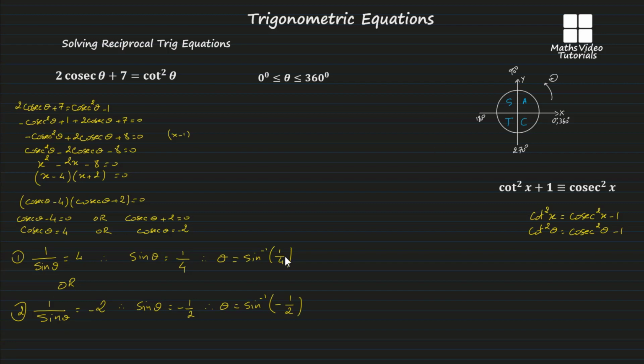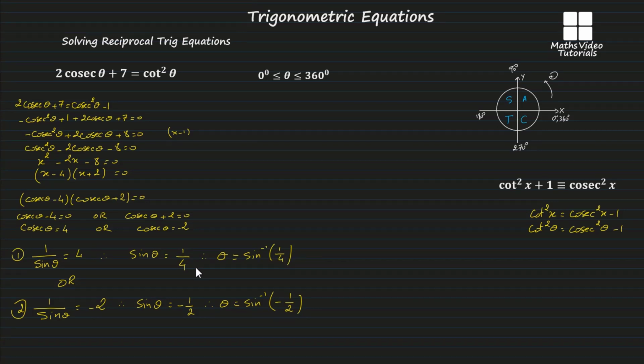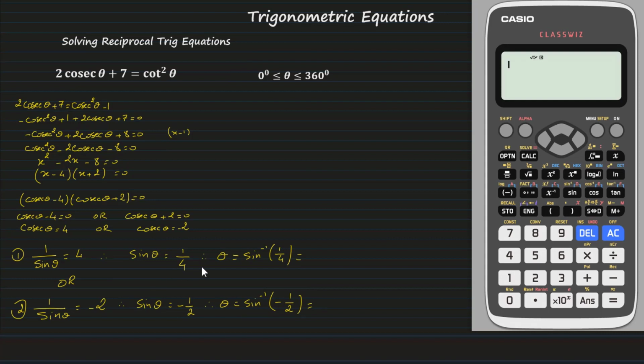All right, so let's do number 1 first. So we grab our calculator, and assuming that we have our calculator set to degrees because our interval is in degrees. So we'll do the first one, the inverse, that's shift sine 0.25, and that will give us 14.4775, and so on.